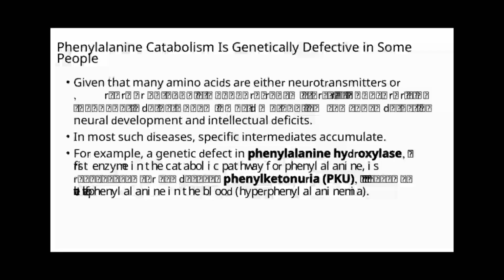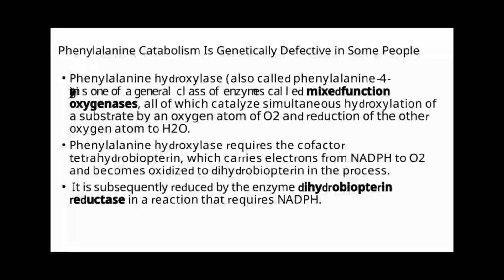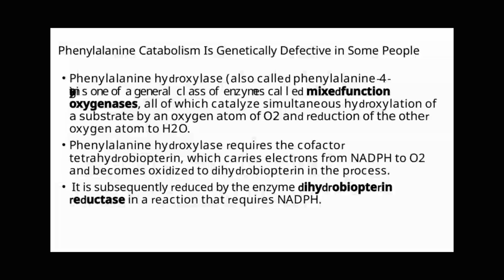So, this slide highlights how genetic issues in amino acid catabolism can have significant neurological consequences, especially when specific enzymes are defective. Phenylalanine hydroxylase, which is also known as phenylalanine 4-monooxygenase, belongs to a broader class of enzymes called mixed-function oxygenases. These enzymes are fascinating because they catalyze a unique reaction.